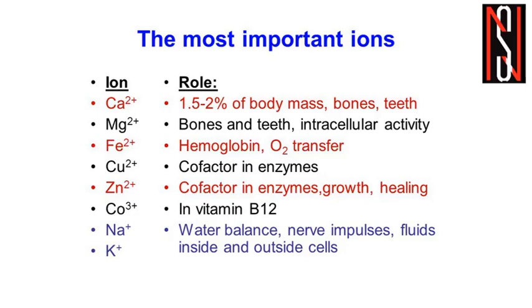People generally know that calcium is very important for bones and teeth, magnesium is also important for bones and teeth and for intracellular activity, iron is known for hemoglobin, for the blood, for oxygen transfer, like copper, and zinc is also very important for enzymes. Cobalt is very important in vitamin B12, and sodium and potassium are important for the sodium potassium pump, for nerve impulses, for water balance, and for balancing pressure inside and outside cells.